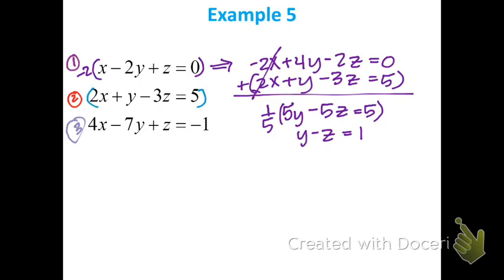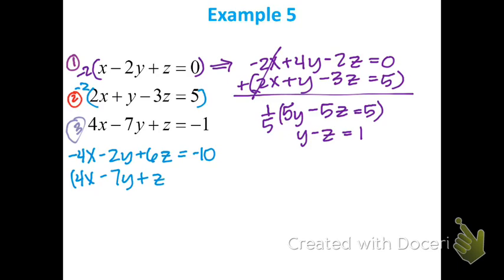So now let's multiply this guy by -2. So I have -4x minus 2y plus 6z equals -10. 4x minus 7y plus z equals -1. When I add the two together, -9y plus 7z equals -11.